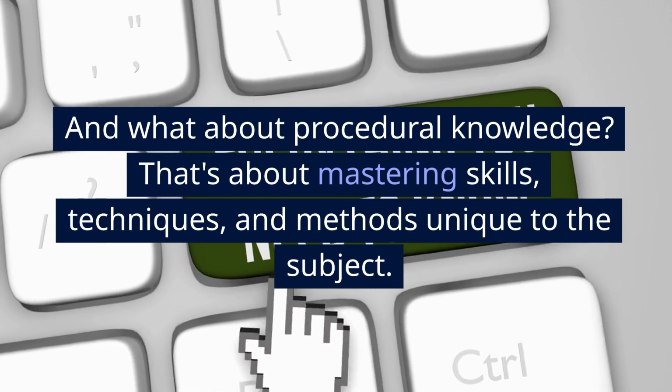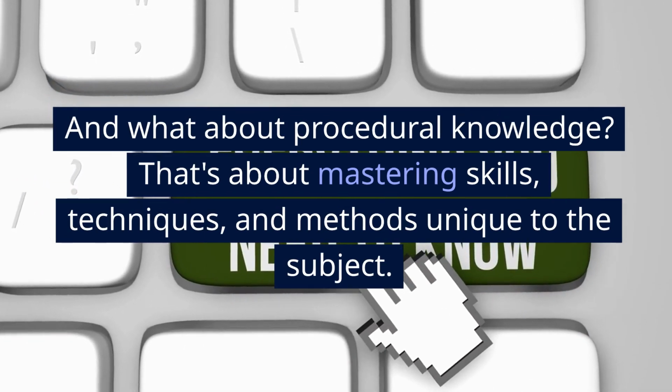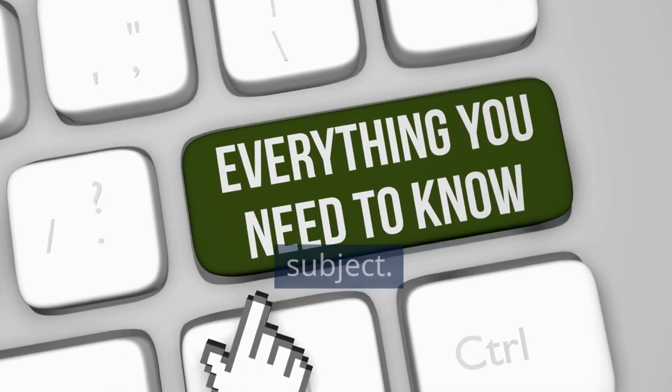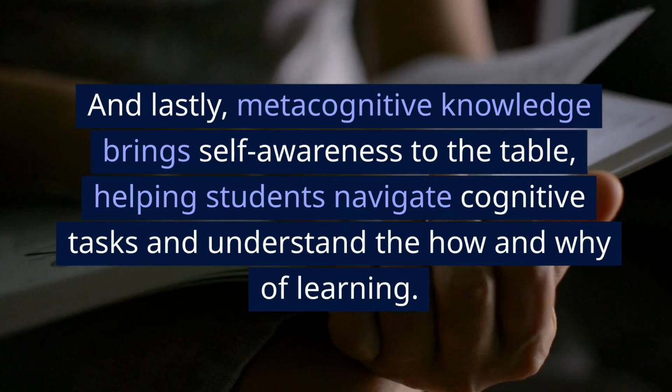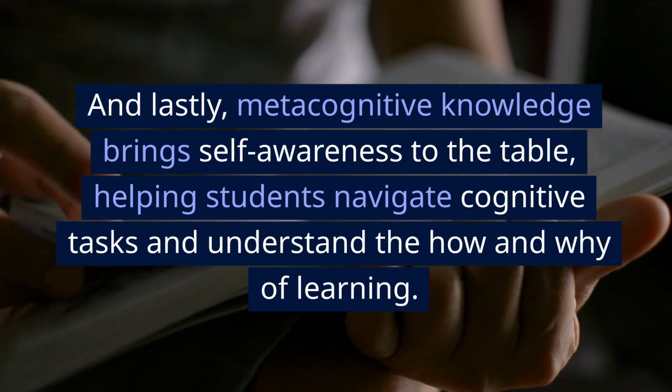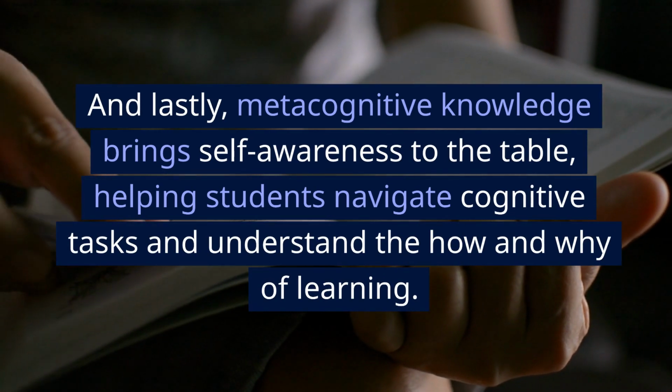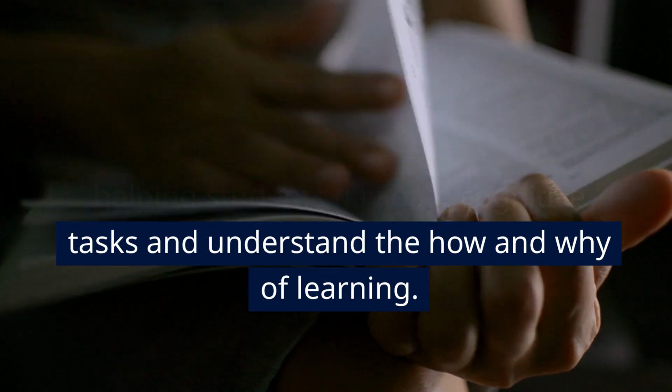And what about procedural knowledge? That's about mastering skills, techniques, and methods unique to the subject. And lastly, metacognitive knowledge brings self-awareness to the table, helping students navigate cognitive tasks and understand the how and why of learning.